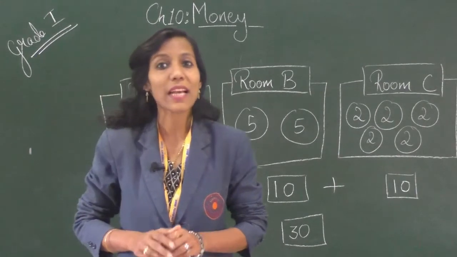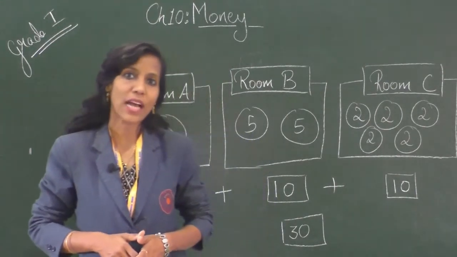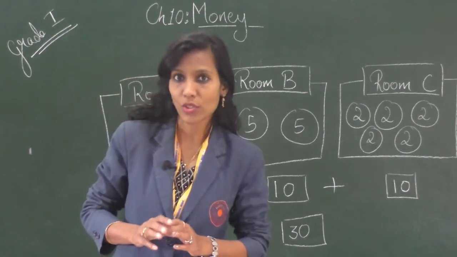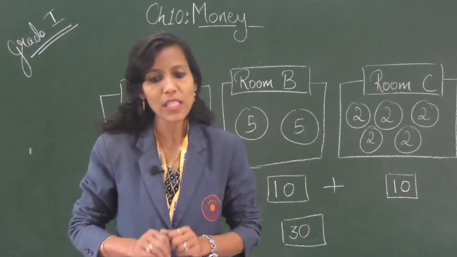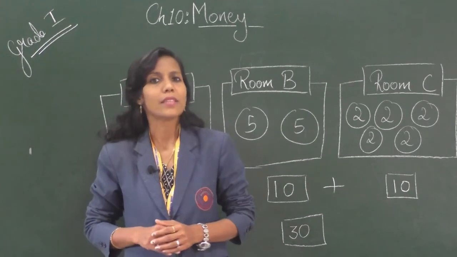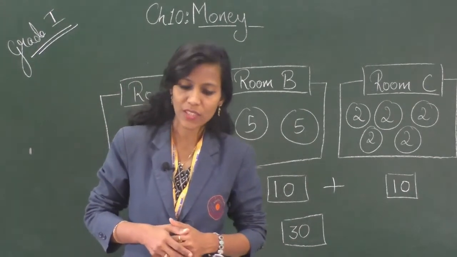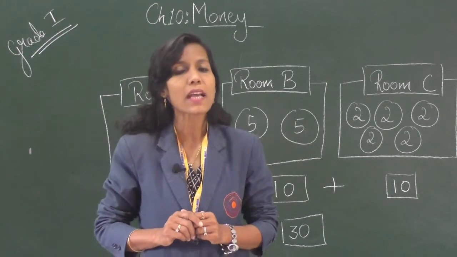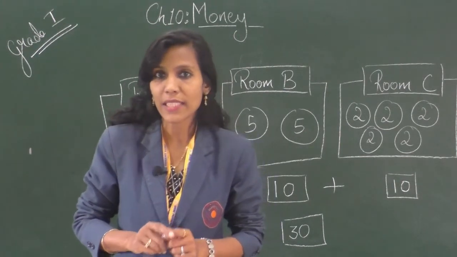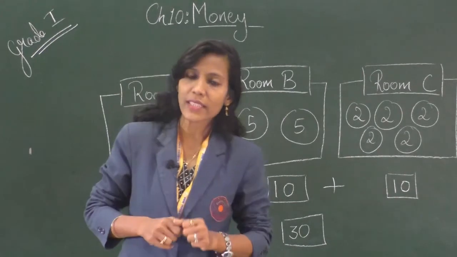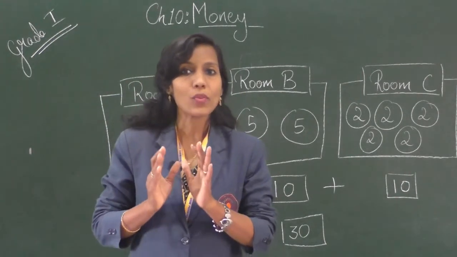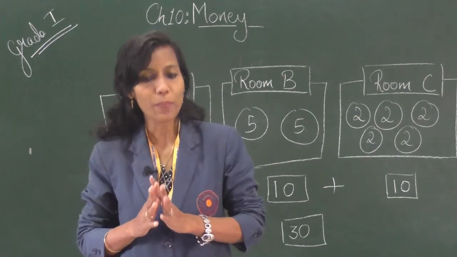My dear students, we have come to the end of chapter 10, that is money. But before we wind up, I want you all to take down an activity for this chapter. We all go out for purchasing, right? Next time, whenever you go out with your parents, I want you to take down the list of items bought and the total amount spent by your parents.